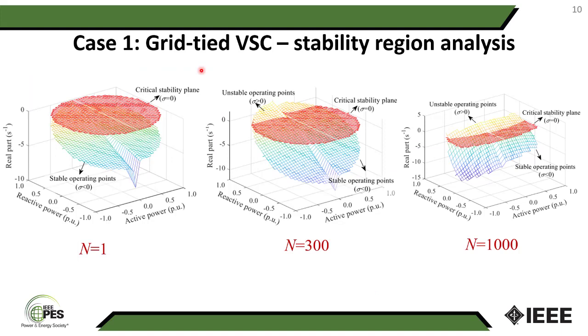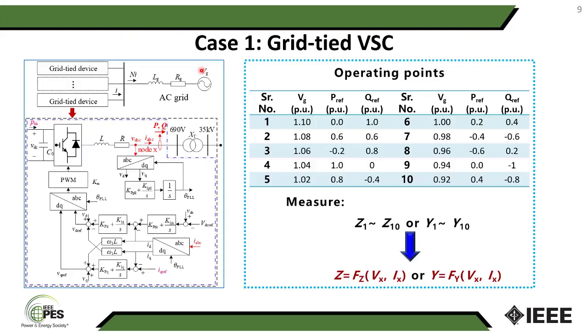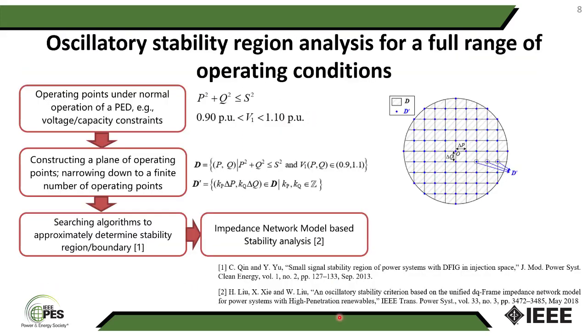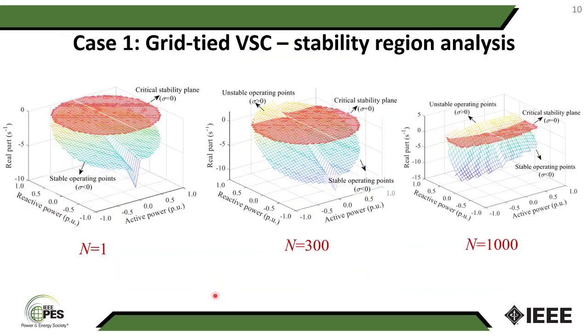Once we have the variable operating point impedance model, we can do the stability analysis using the methods described in this paper. The stability results can be plotted according to the operating points, for example, the active and reactive powers.